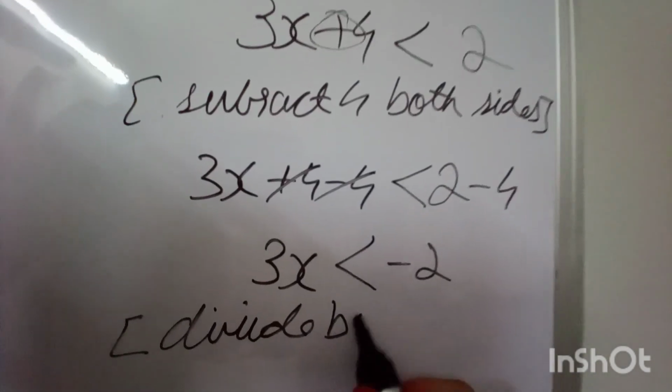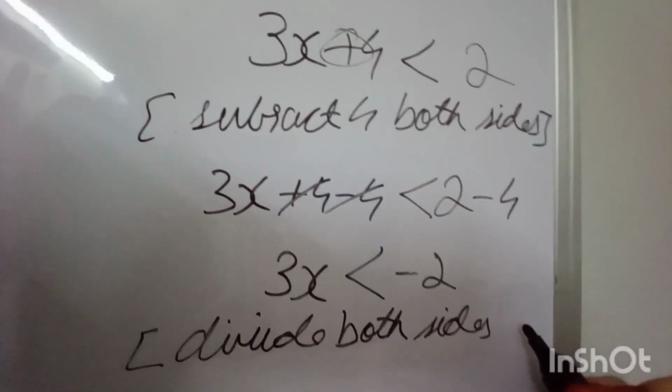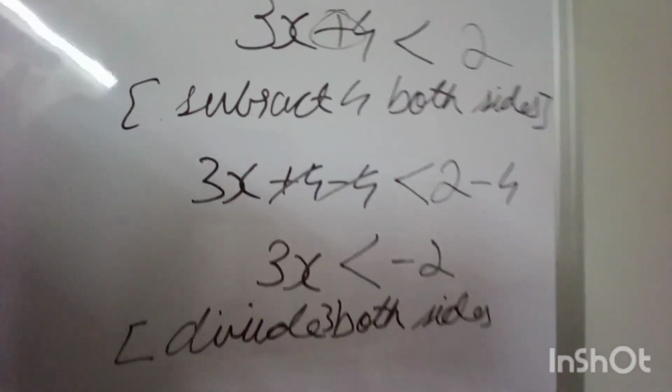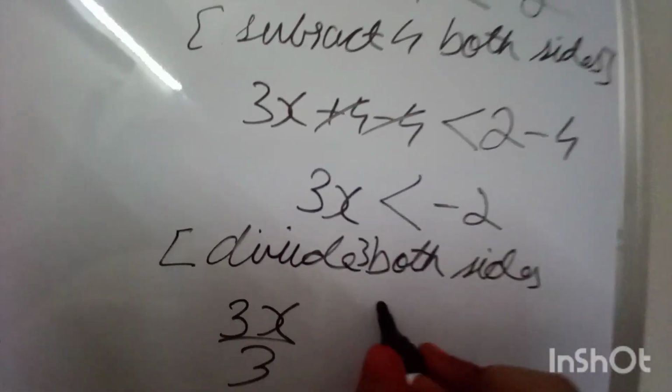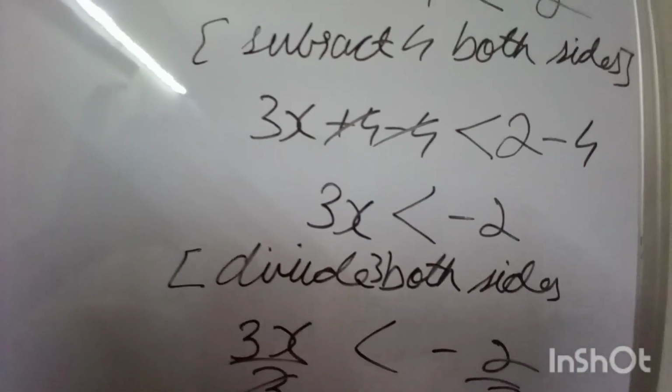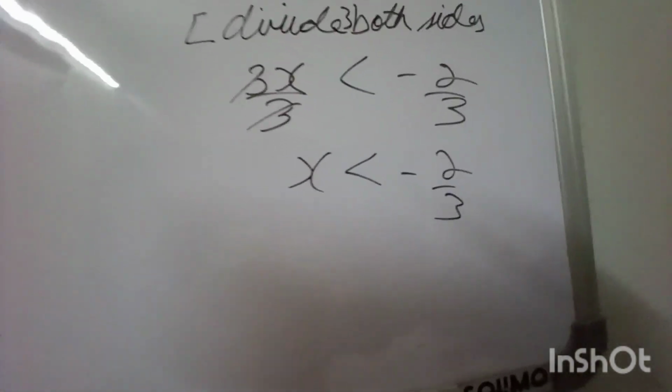Divide both sides by 3. So if I divide 3x by 3 less than minus 2 by 3, 3 gets cancelled, x is less than minus 2 by 3. And your answer: you had got x is equal to minus 2 by 3, now x is less than minus 2 by 3.